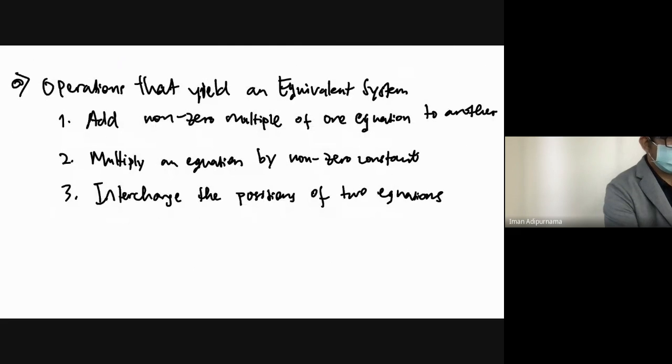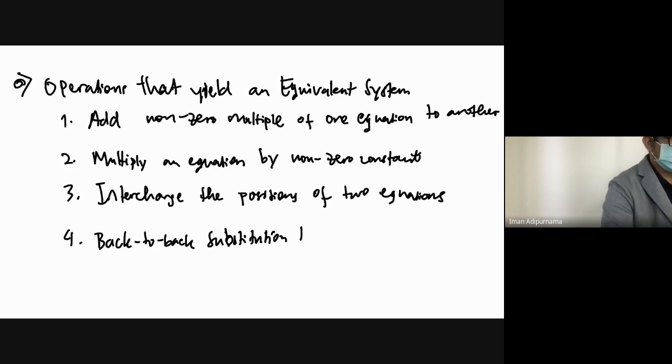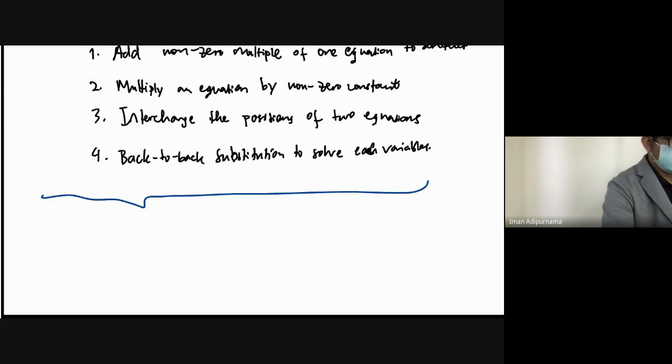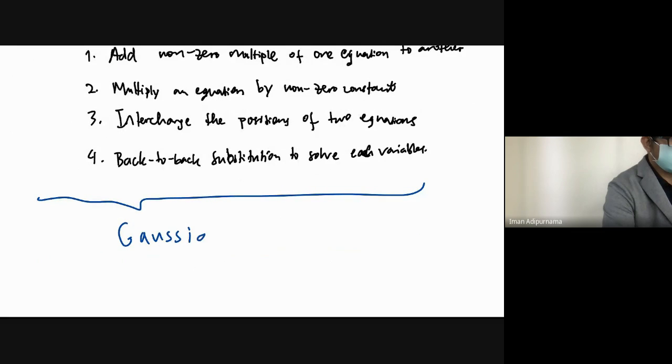The whole process, and then you can use back substitution for each variable. This is called the Gaussian elimination.